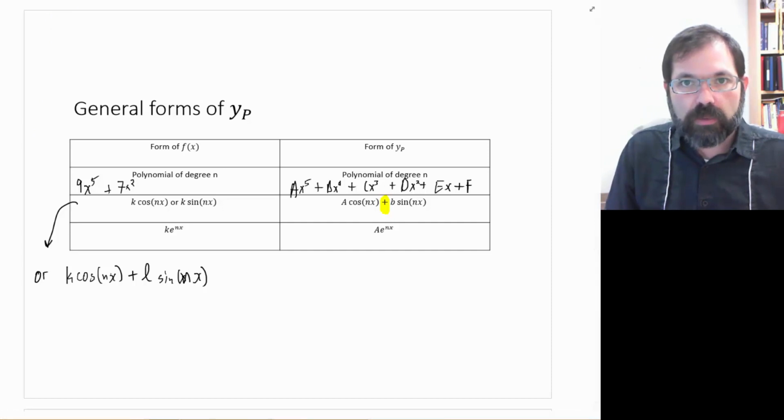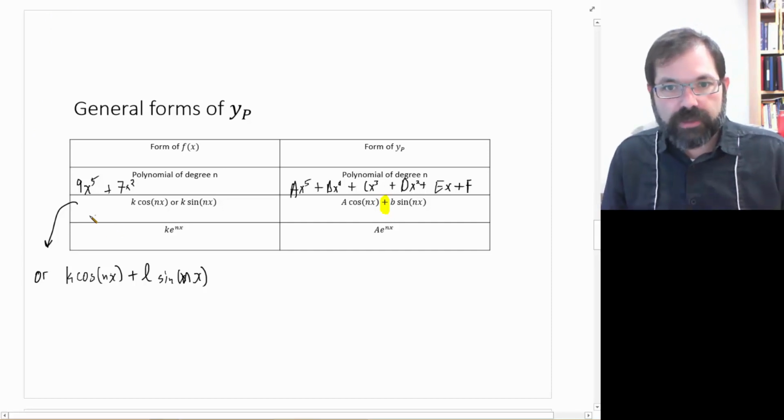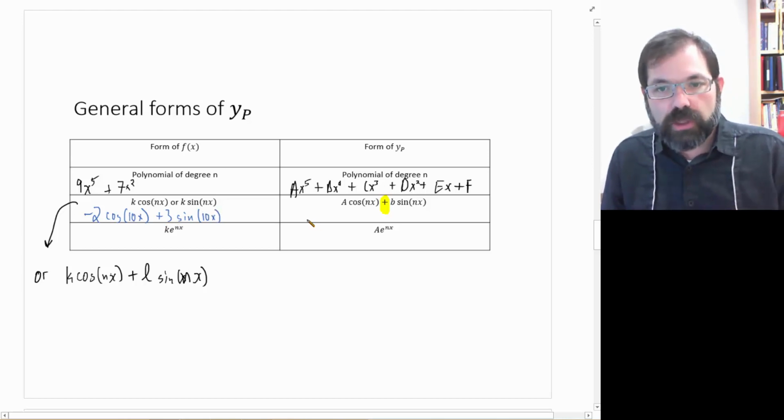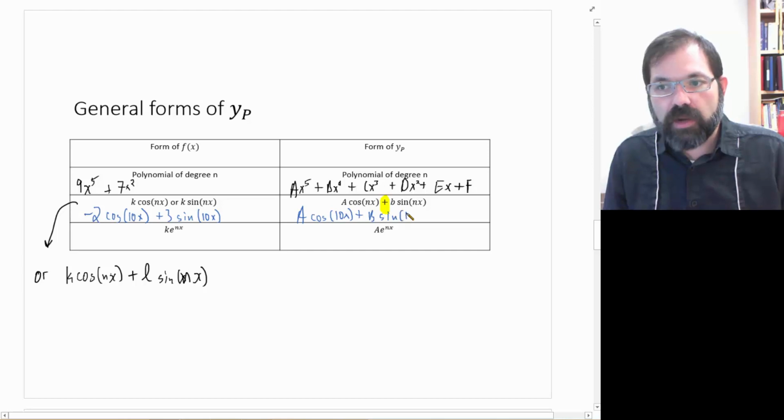So a quick example, similar to one we saw, if my f of x was -2 cosine 10x plus 3 sine 10x, then my assumed solution is a cosine 10x plus b sine 10x. I've got to remember both of those terms.